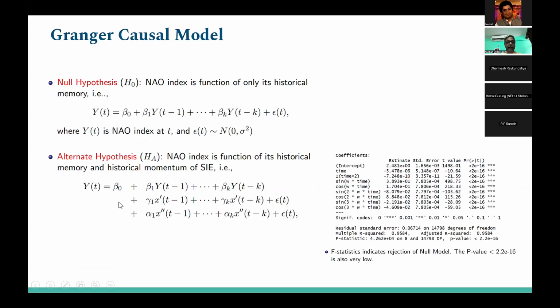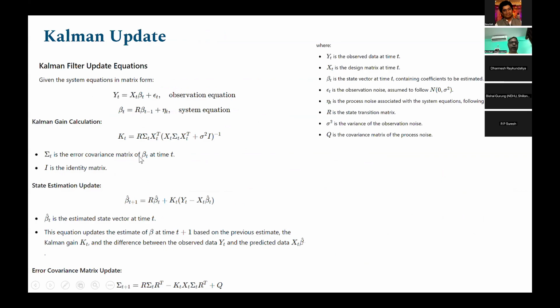We've also used a technique called the Kalman filter updates, because one criticism of previous studies was that these coefficients are fixed over time. But we realized that these terms, beta 0, beta 1, and other terms, can also be functions of time. And so we use what we call the Kalman filter update equations.